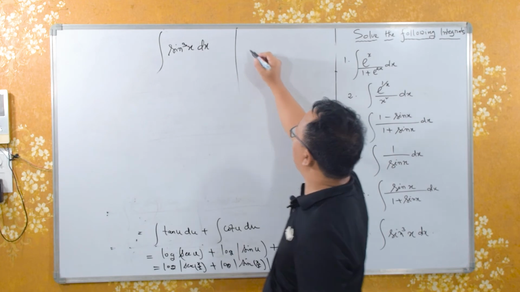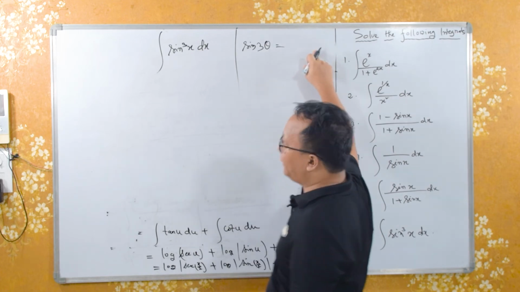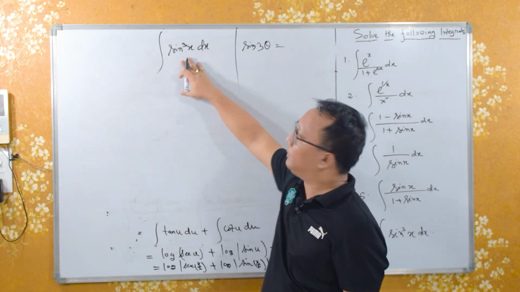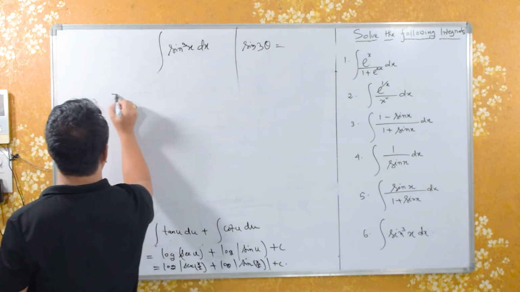One way is we have the sine of 3 theta formula, from there we get sine cube theta. You can use that. Otherwise, I will use another way, which is very simple.